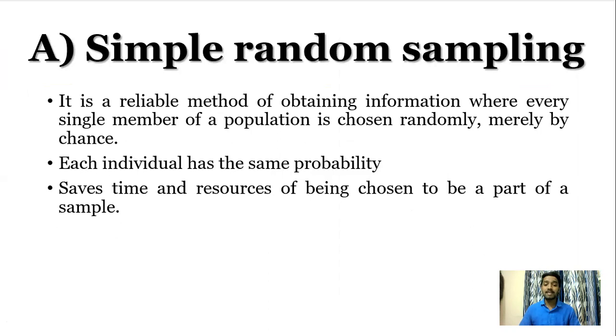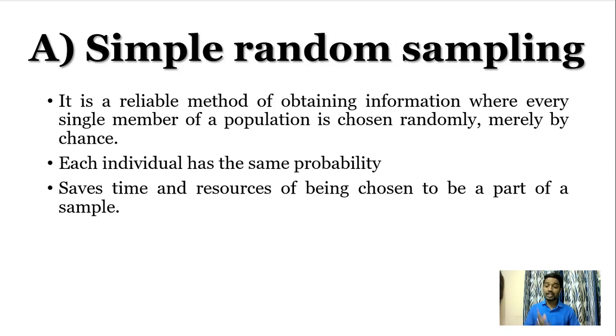So simple random sampling is a reliable method. It is the most reliable method in obtaining data, where every single member of the population is chosen randomly, merely by chance. So simple random, as the name says, here we are going to choose from the population.